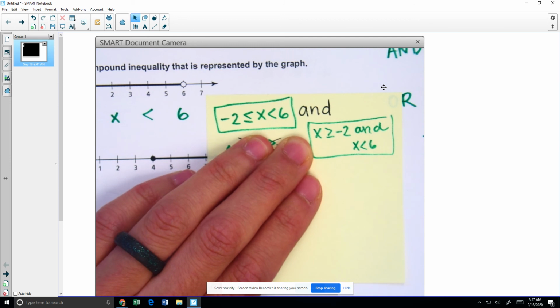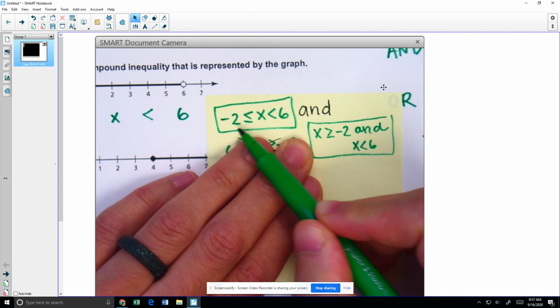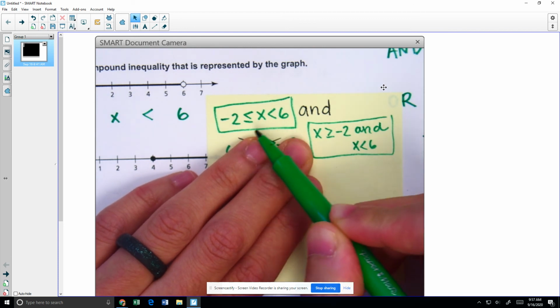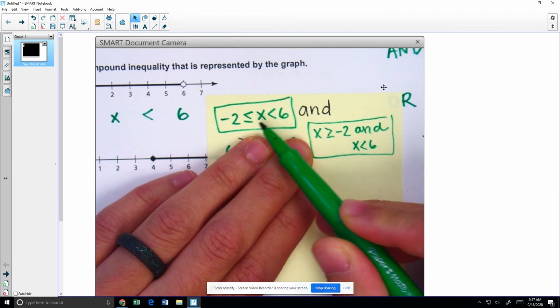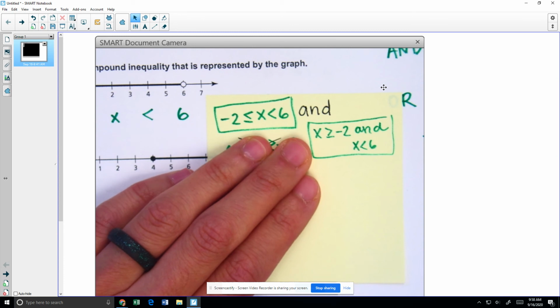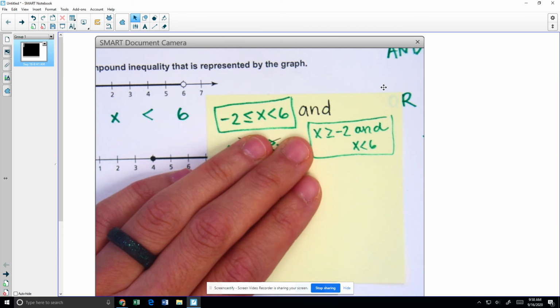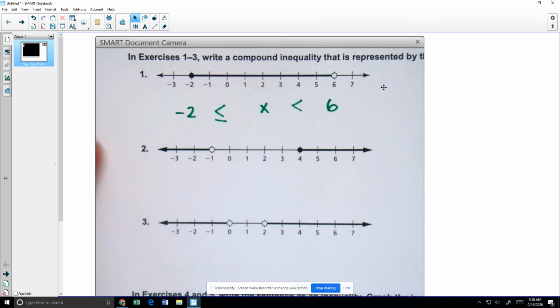Out of 100 kids that learn algebra, maybe there's one teacher that teaches it this way. Most teachers are going to teach it the other way. If you take a test, you're normally going to see it the other way. But if you really wanted to separate the two things and write the word and between them, I guess you could. So know that that's an option, but honestly, normally you just want to write it as one long sentence.